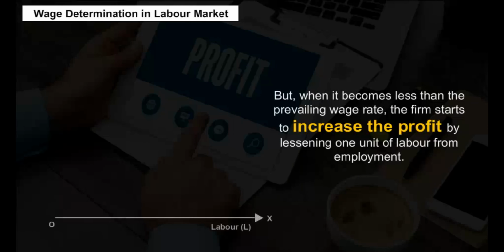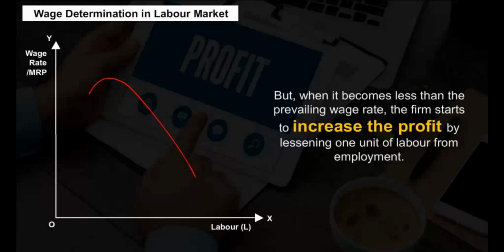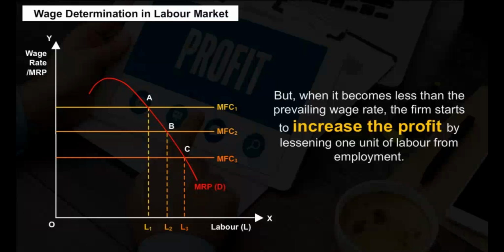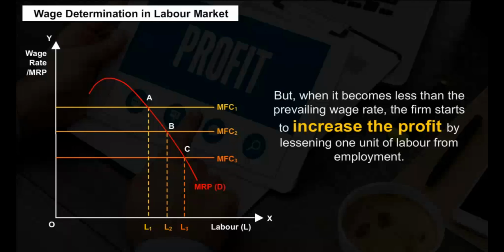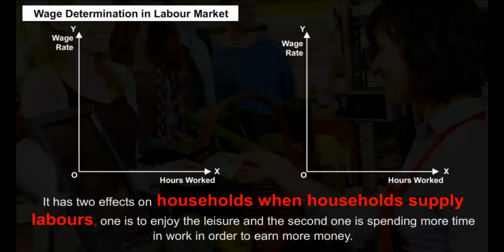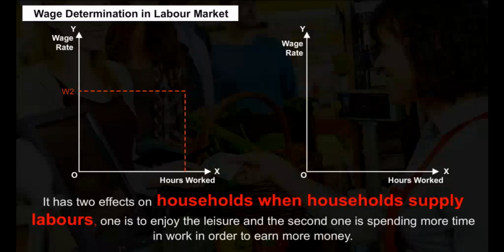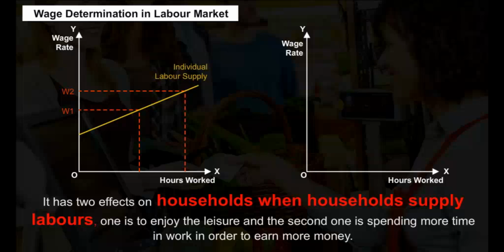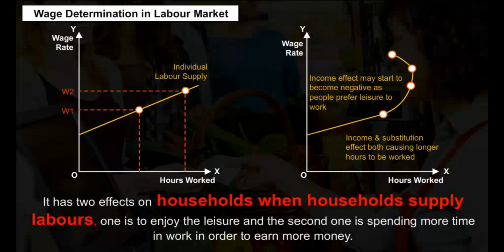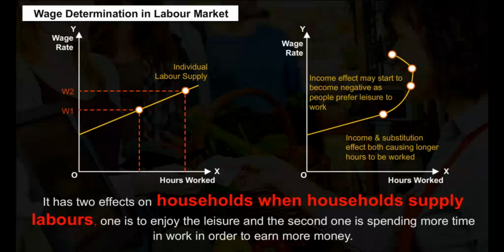But when it becomes less than the prevailing wage rate, the firm increases its profit by removing one unit of labor from employment. It has two effects on households. When households supply labor, one is to enjoy leisure and the second is spending more time at work in order to earn more money.